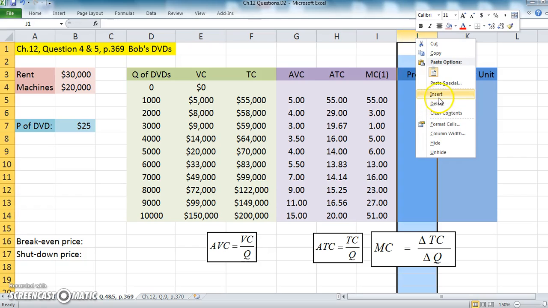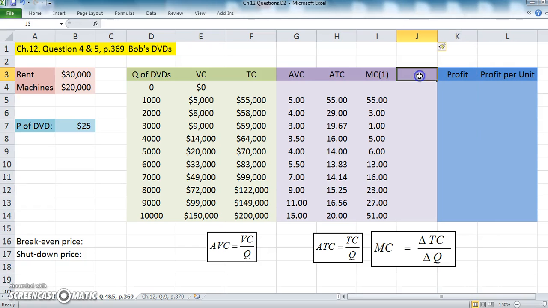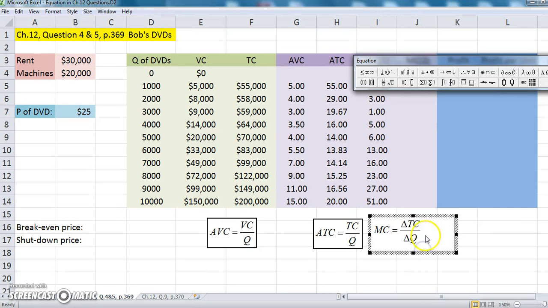The other definition of marginal cost we learned in chapter 11, or 12, sorry, is going to be equal to the change in variable cost divided by change in quantity.